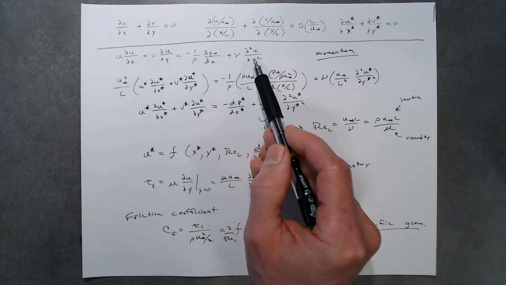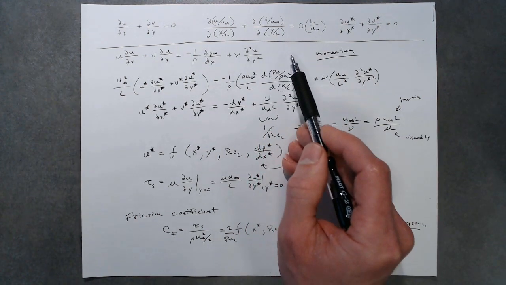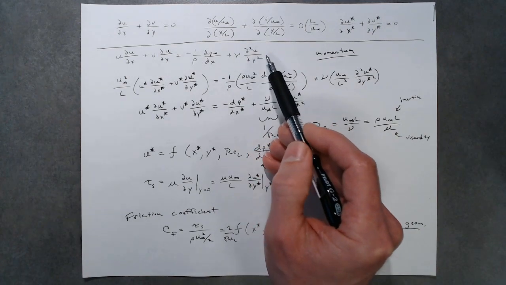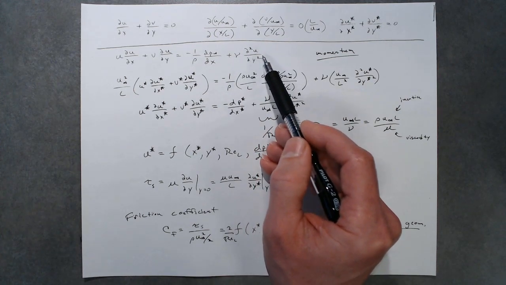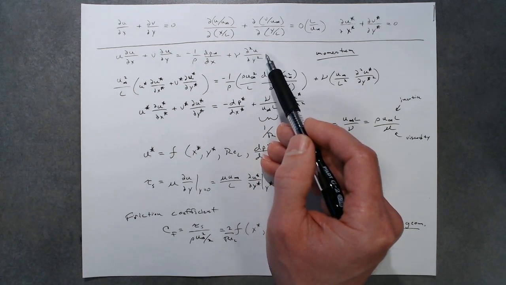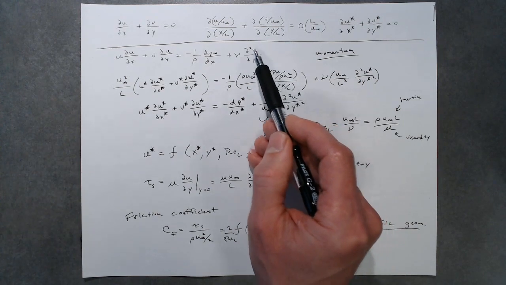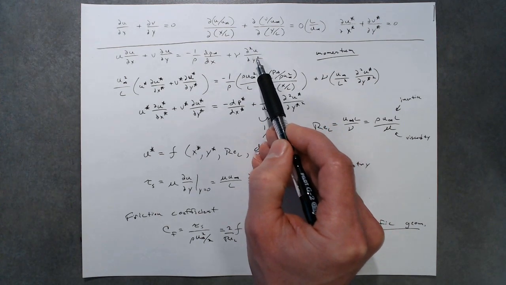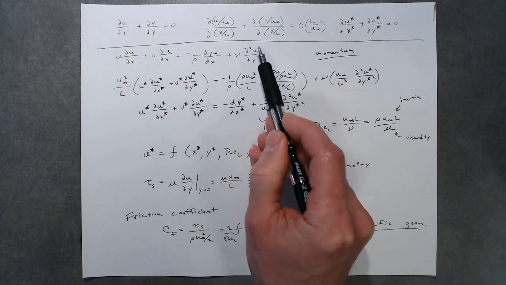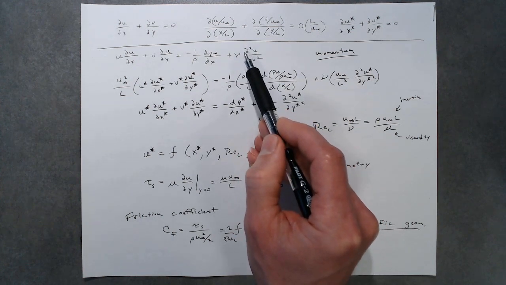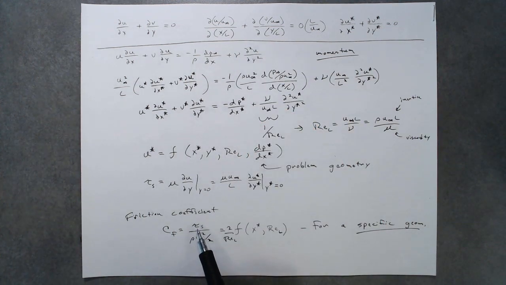I'm being very vague there because in the heat equation, this was the second derivative of T with respect to y or x. And this would have been k, and that would have told me how quickly heat was diffusing into or out of a region. In this case, I have the second derivative of u with respect to y times kinematic viscosity. This is telling me how quickly momentum is diffusing in or out of a system. And that's really what the drag is also saying something about. It's saying how quickly the flow is giving up momentum to the surface.